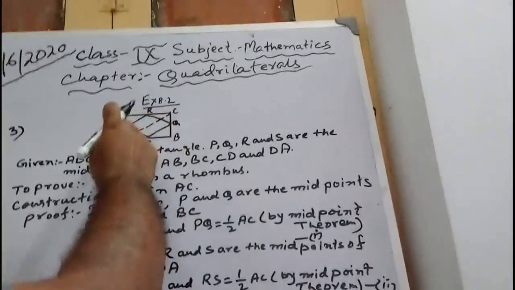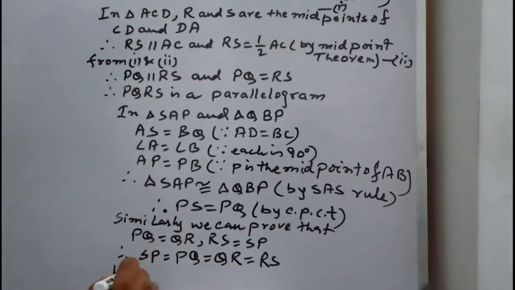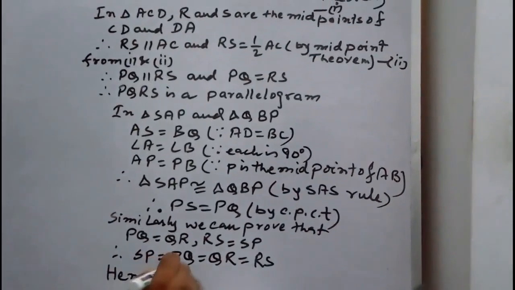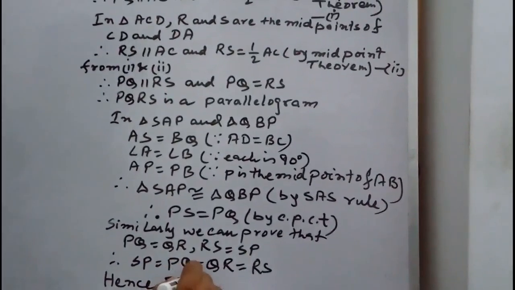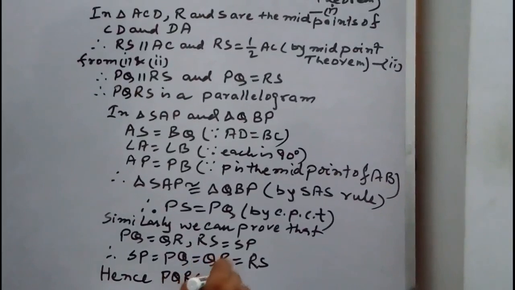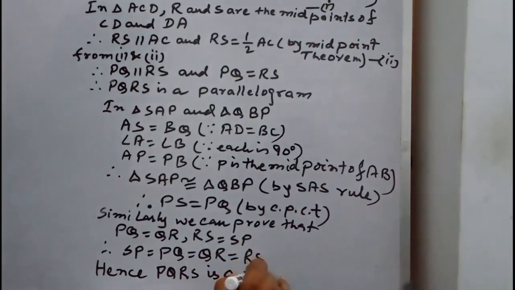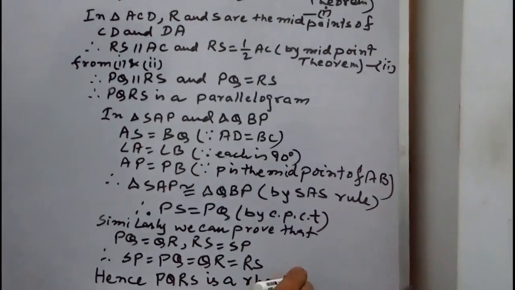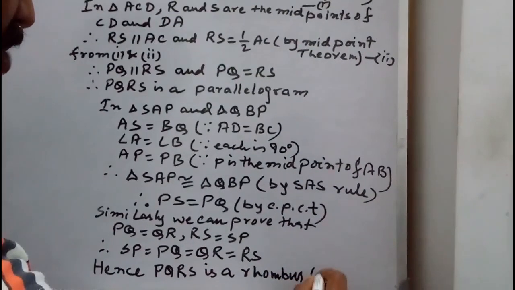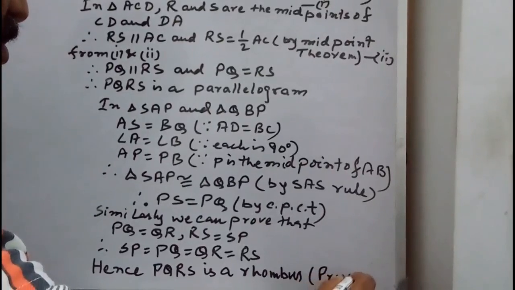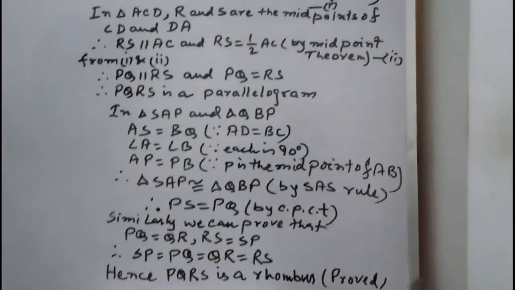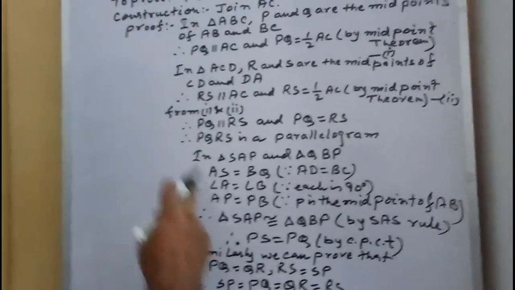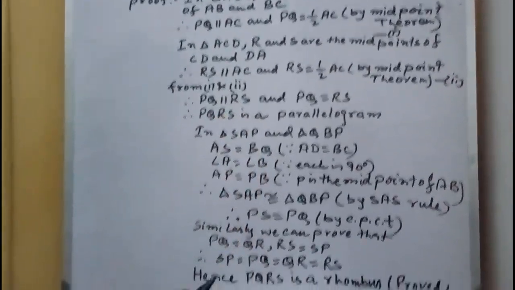So each side becomes equal to each other. So hence PQRS is a rhombus. Proved. As each side is equal to each other, therefore this parallelogram becomes a rhombus.